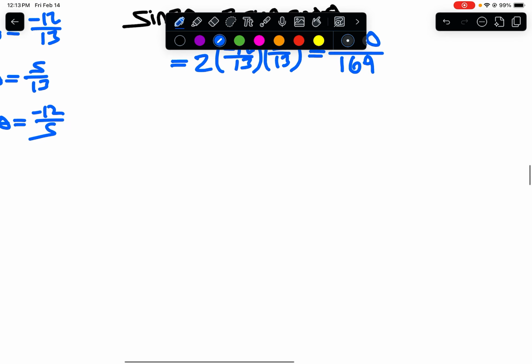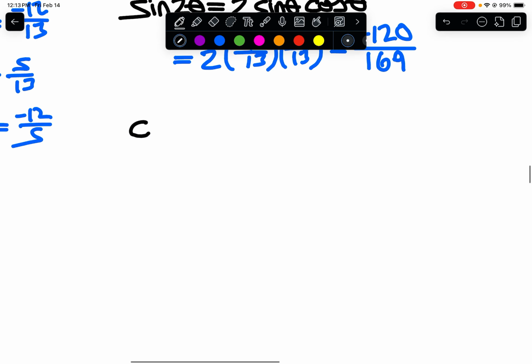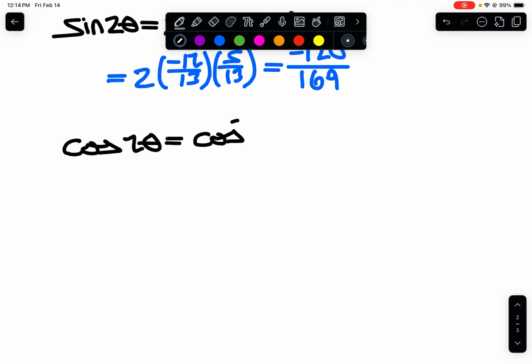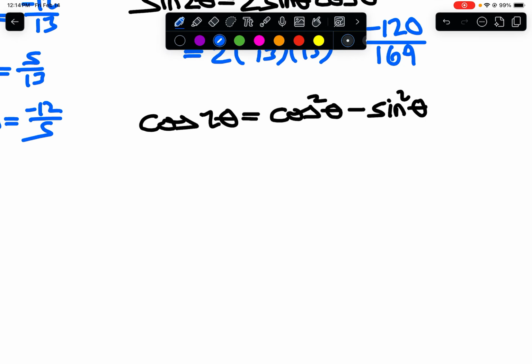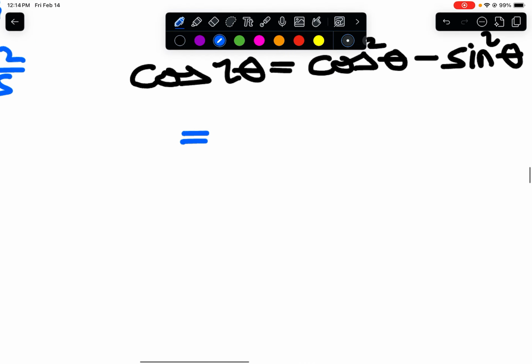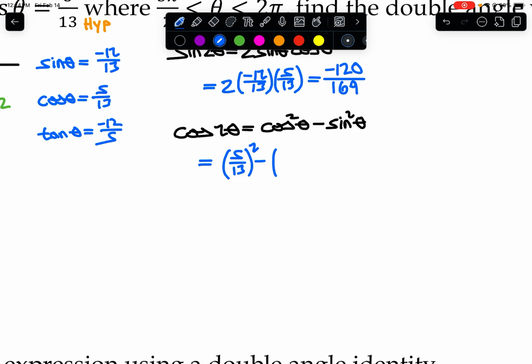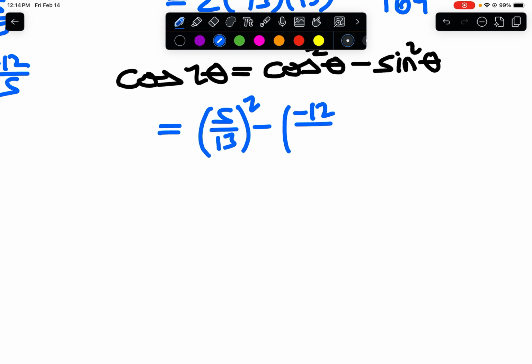Now for double angle cosine, that's going to be your cosine value squared minus your sine value squared. So when I plug this in, cosine is going to be 5 over 13, and then I'm going to square it, and then I'm going to subtract my sine value, which is negative 12 over 13 squared.